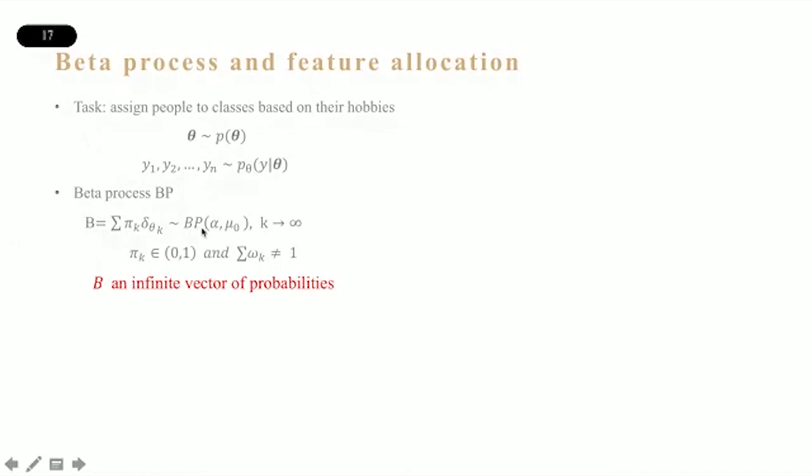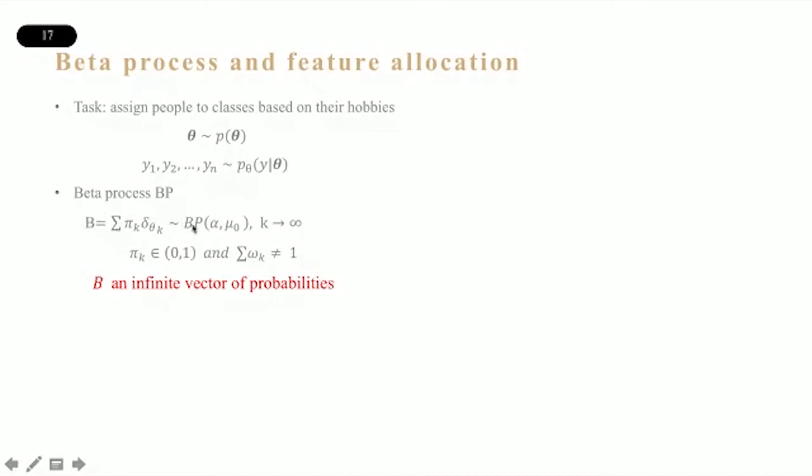A sample from a beta process is again an infinite vector of probabilities. The difference now is that P, which is a probability between 0 and 1, doesn't necessarily add to 1. Apologies, here this omega should be P, not omega.